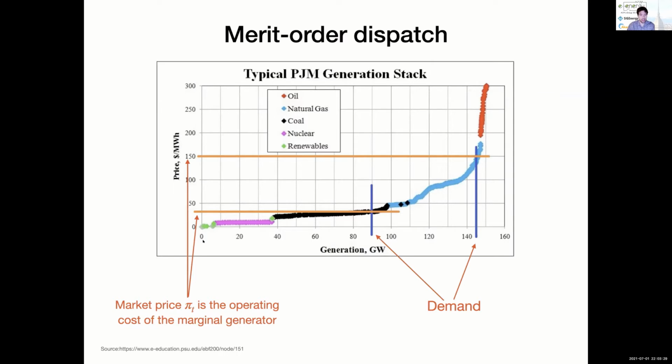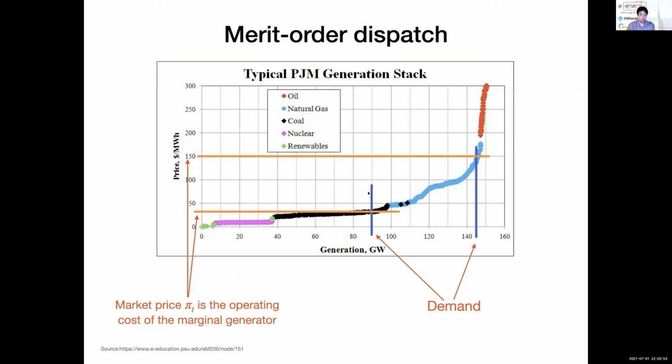The lowest marginal cost resources, like renewables, are dispatched first on the left, and then we just stack everything up in order of increasing cost. So from basic economics, we form an aggregate demand curve and look at the intersection of these two curves to find the equilibrium point of the market.